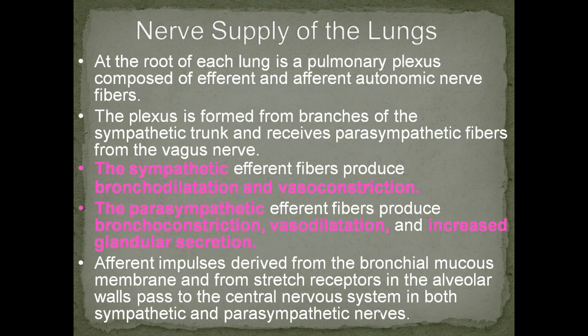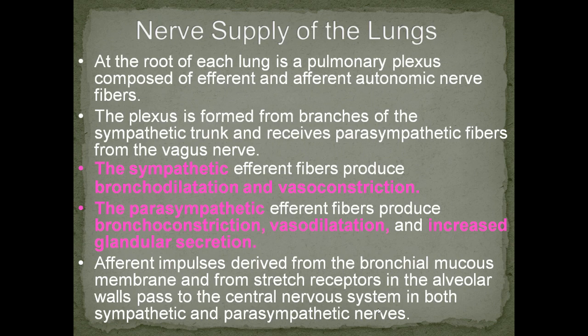Now the nerve supply of the lungs. At the root of each lung is a pulmonary plexus composed of afferent and efferent autonomic nerve fibers. The plexus is formed from branches of the sympathetic trunk and receives parasympathetic fibers from the vagus nerve. The sympathetic efferent fibers produce bronchodilation and vasoconstriction.